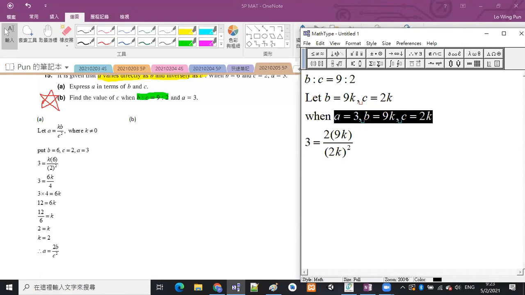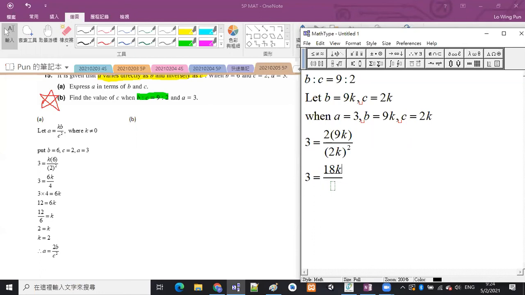It may be B may be 18 and then C may be 4, or B may be 90 and C is 20，都係9比2㗎嘛。所以佢話俾你聽9比2嘅時候，你冇辦法知道個 B 本身係幾多，C 本身係幾多，你唯有就係要 let 佢做一個9嘅倍數同埋2嘅倍數，9K 同埋2K。我哋有比例嘅話，就係咁樣做。好啦，跟住點做呢？慢慢嚟，逐格落嚟，left hand side no change, and then on the top we have 2 times 9K.